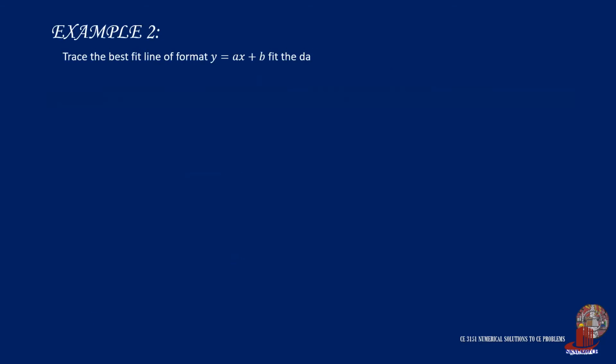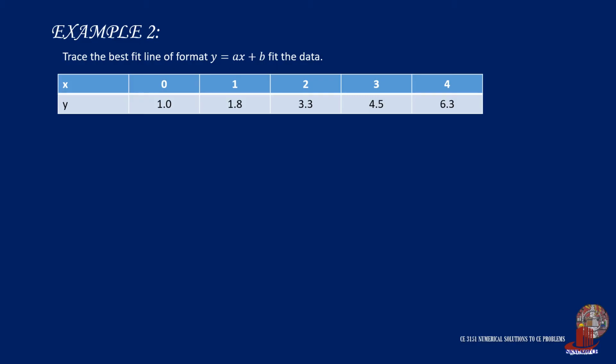Let's have another practice. Example 2 has 5 entries where we are required to find the best fit line with the format f of x is ax plus b. In this example, the difference of x is 1, so continue with the sample moments by looking for the first and second moments.